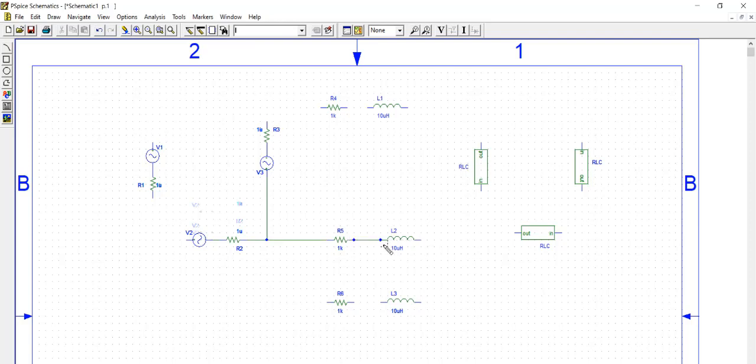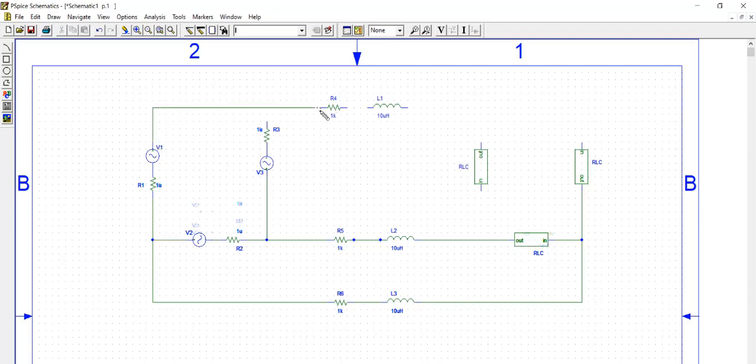Now let's complete this. Now this is our delta connection.